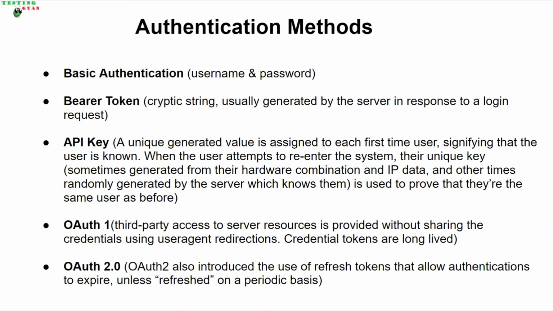The access token generated in OAuth 1 has a very long expiry period, it can go for a month, even for years. But this is not an ideal case. We should not have access tokens which are available for such a long time. So this limitation is overcome by OAuth 2 by introducing a refresh token along with the access token. The access token will only be valid as long as the refresh token has not expired. So this is OAuth 2.